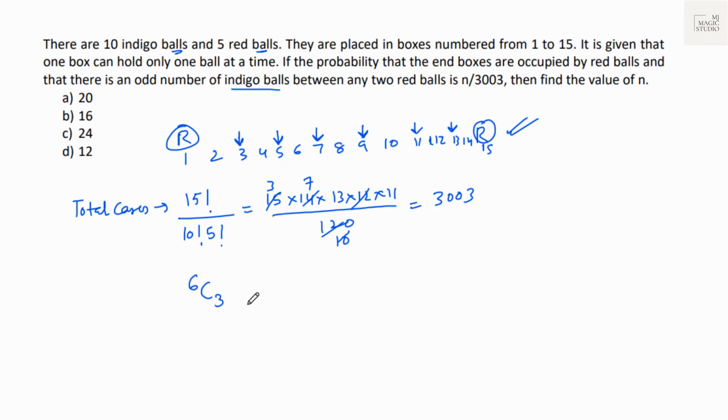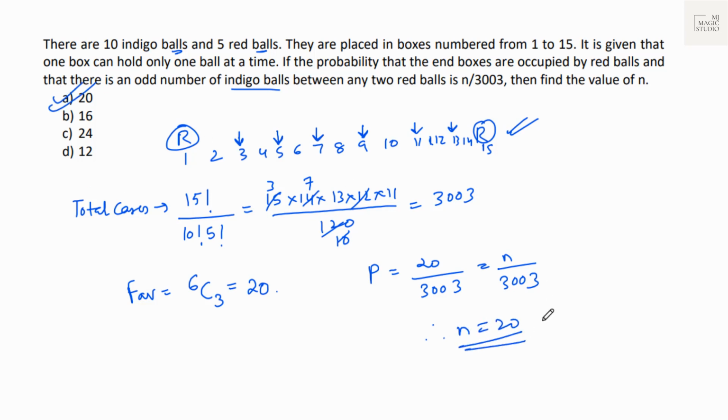Because all the indigo balls are identical. So the favorable number of cases is 6C3, that is 20. So our probability is 20 by 3003, which is given as n by 3003. Therefore, the value of n is 20. That is in option A.